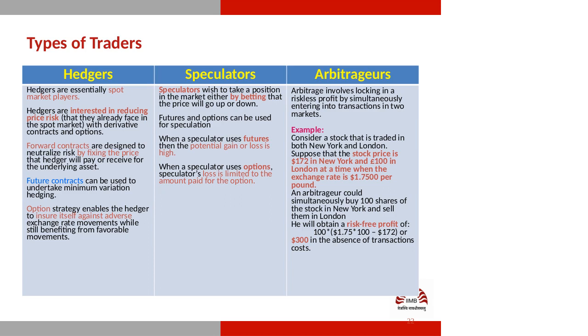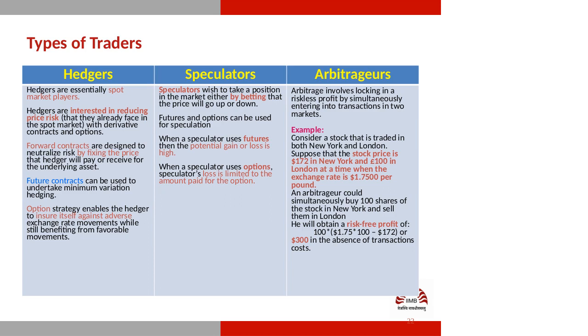They are interested in buying or selling to reduce the risk that they already face, using derivative contracts. Forward contracts, option contracts, futures contracts are all designed to ensure that you can reduce your risk by trading on them. So that is the argument of a hedger.